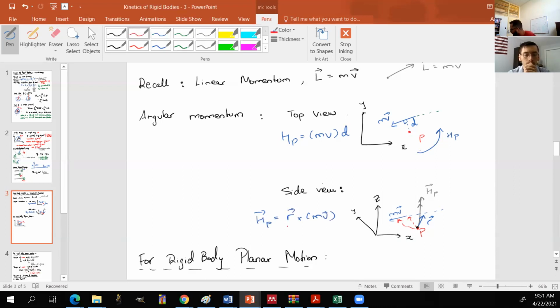And the thing to remember here is that this is just a position vector from P, that's the point about which you're trying to find your angular momentum, to the line of action of mv. All right, and you can go on to any point.